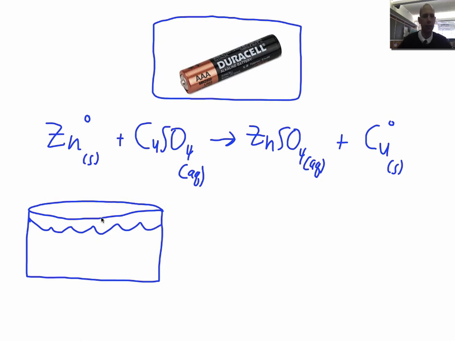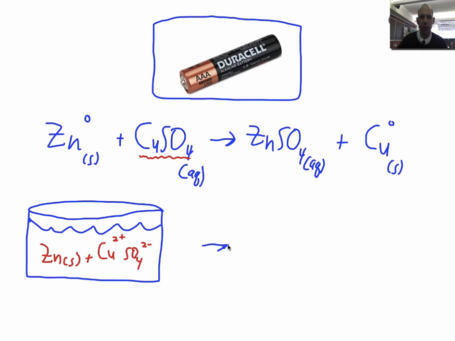And in this cell, solid zinc is reacting with aqueous copper sulfate. It's aqueous, so let's show it in its ion form. Copper 2 plus, SO4 2 minus.